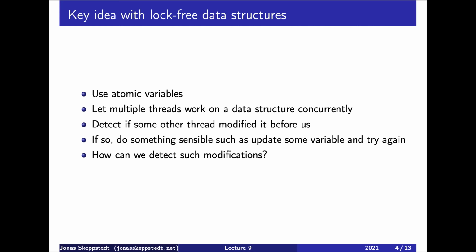And if that happens, then we typically want to update some local variable to reflect the new knowledge about the data structure, and then try again. So the question is, how can we detect such concurrent accesses?